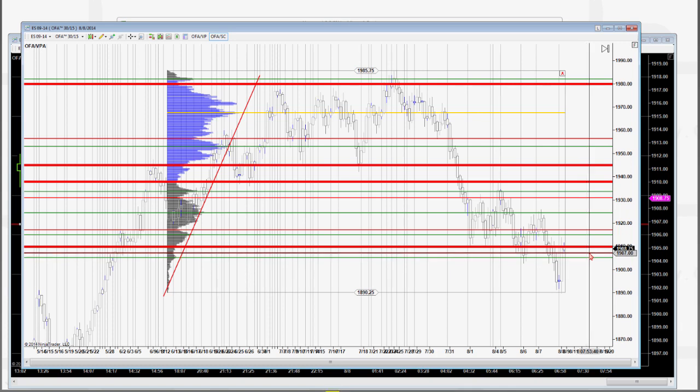This is also a key level, as well as 1917. If we get through 1917 with any kind of volume, I'll be looking for 24, 25, and possibly up to that 30, 31 level.